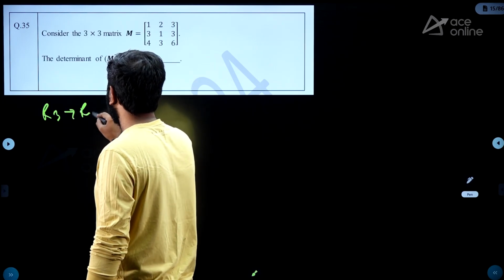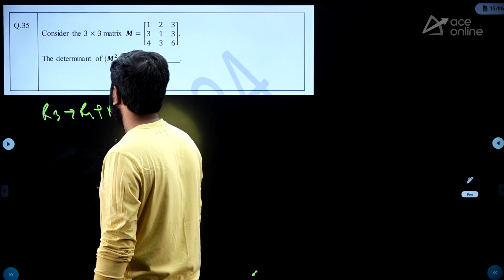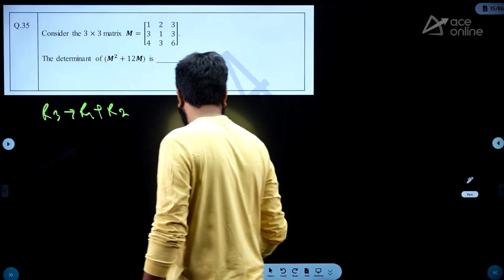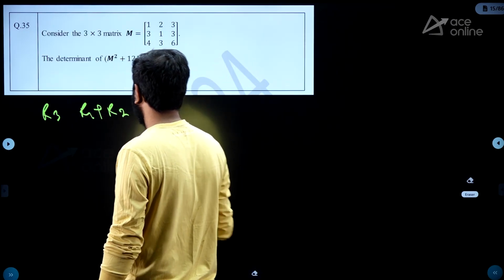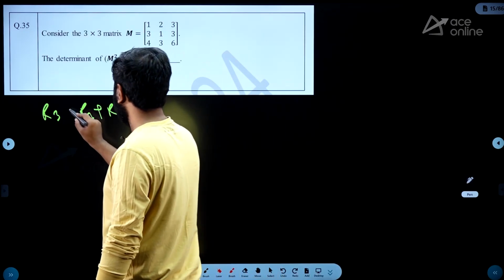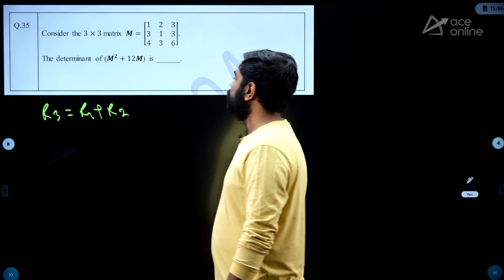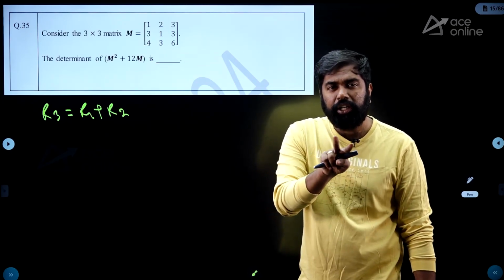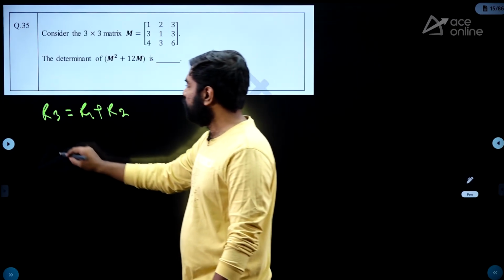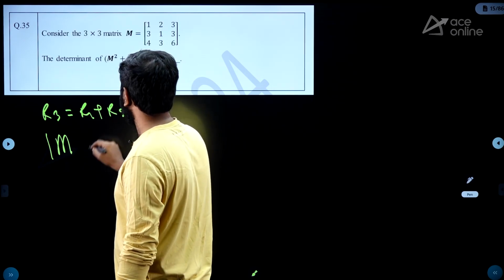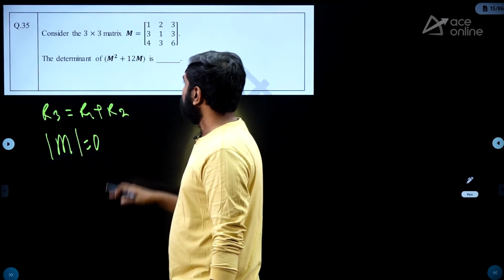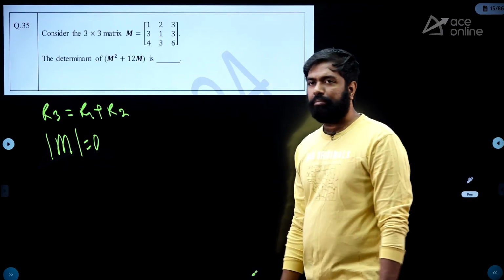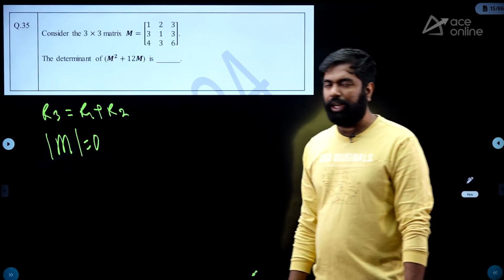R3 is simply R1 plus R2. When you have such linear dependency, the determinant of matrix M is 0. But the question is not about the determinant of M, the question is about M square plus 12M.